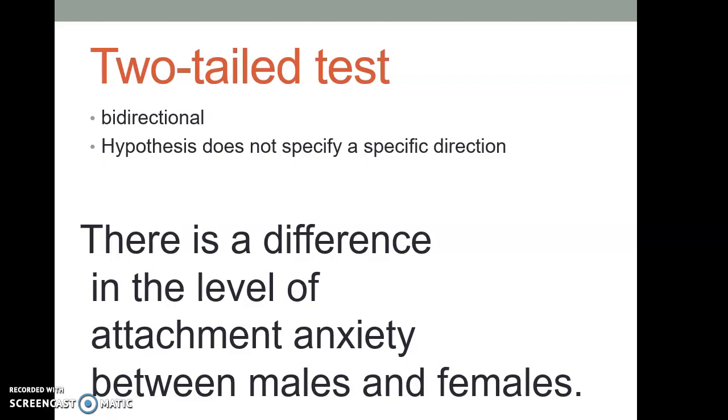Notice that the sentence only talks about having a difference, and there is no direction whether males have higher attachment anxiety or females have higher attachment anxiety than males. It's just that it talks about having a difference, and the difference is not being specified. That's what we call a two-tailed test.